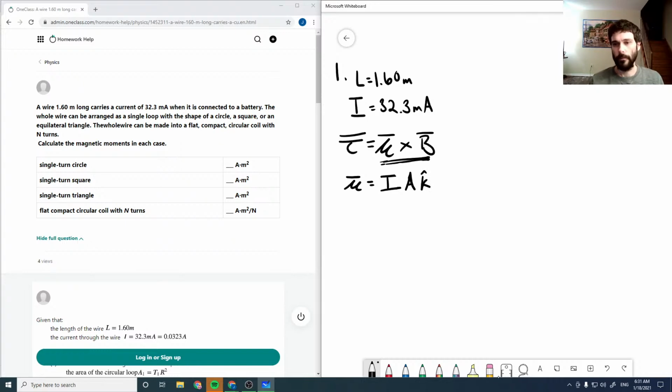If I have, say, a circle with current running, let's actually go with counterclockwise, my fingers would curl around, and then my thumb would point in the direction of the magnetic moment, straight up.